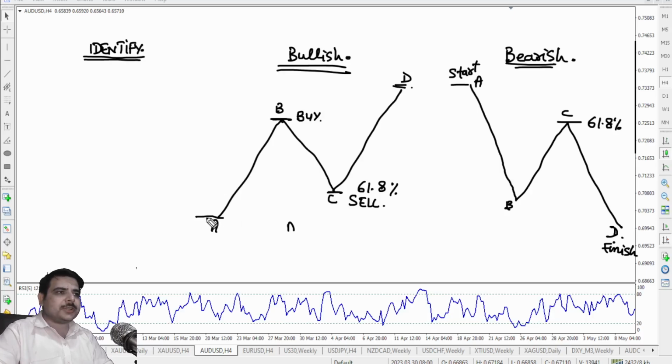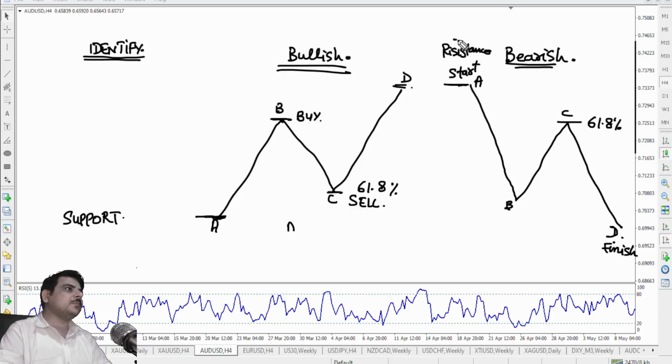Remember, at point A right here and point A up there, since this is bearish, at point A we are looking for support, right? At point A we are looking for support for a bullish uptrend ABCD pattern, and right here we are looking for a resistance, like both are inverse to each other.